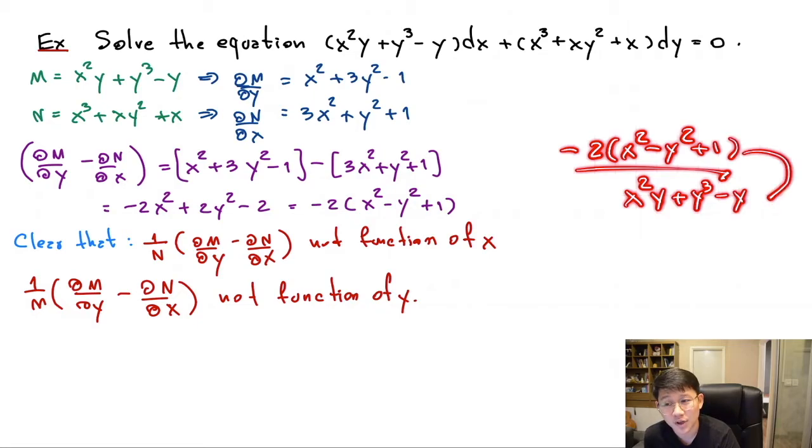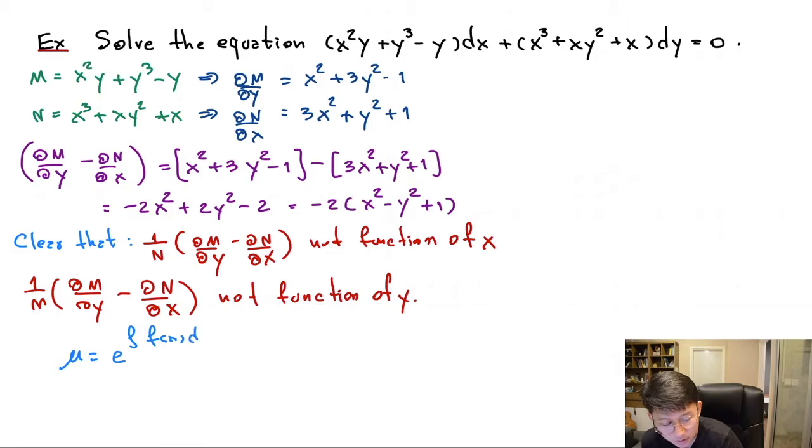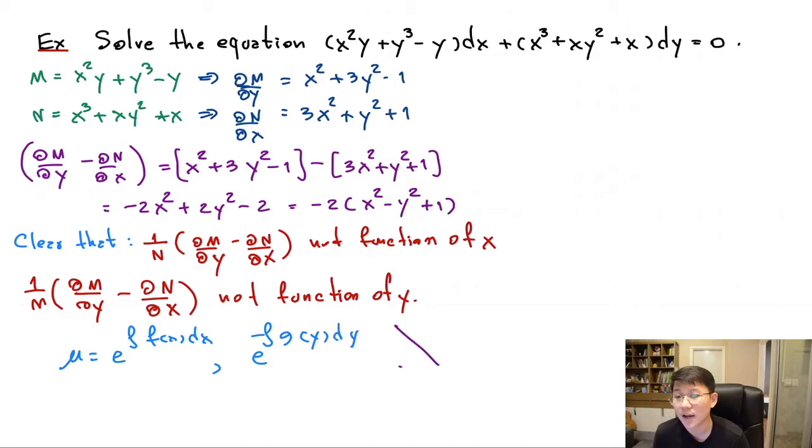Okay? So, in this case, we can't have mu as e to the integral of f(x) dx or e to the integral of minus g(y) dy. We can't have that. So what can we do?